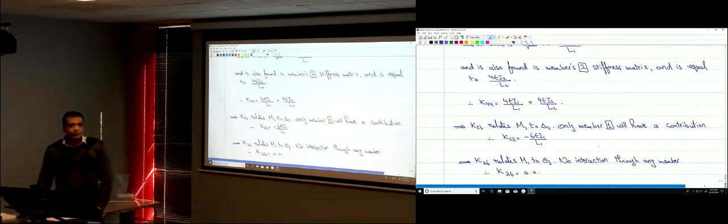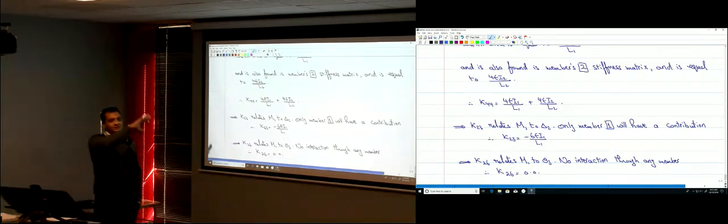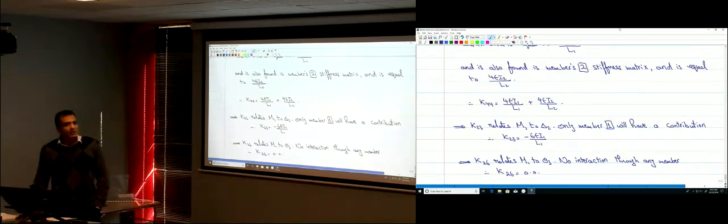So now you can go ahead and build your overall stiffness matrix, element by element. Those 64 elements, you build them one by one, just by mapping the elements, okay? Some of them will be zeros, but some will not be zeros.